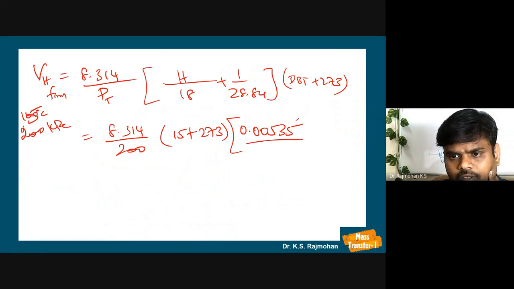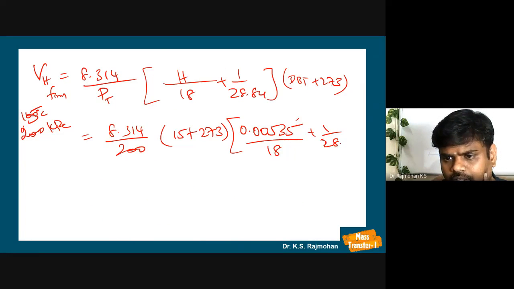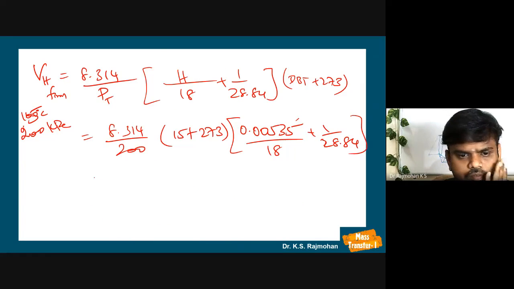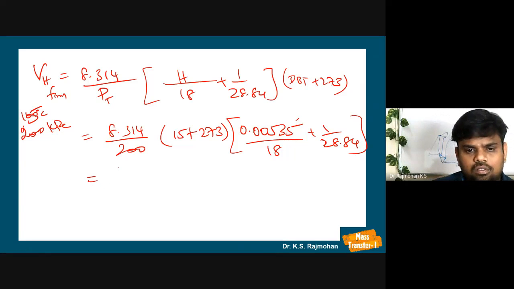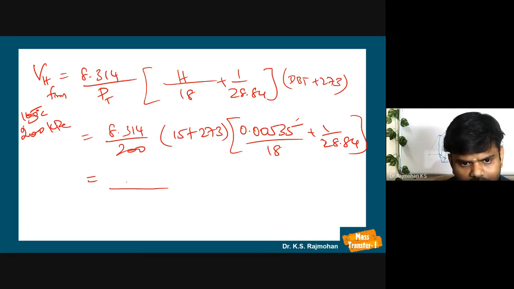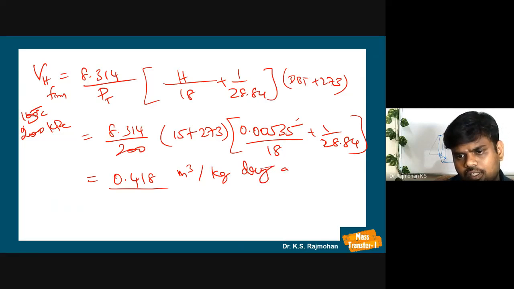You substitute the actual value you are getting, 18 plus 1 by 28.84. Substituting, you will get around 0.418 meter cube per kg dry air.